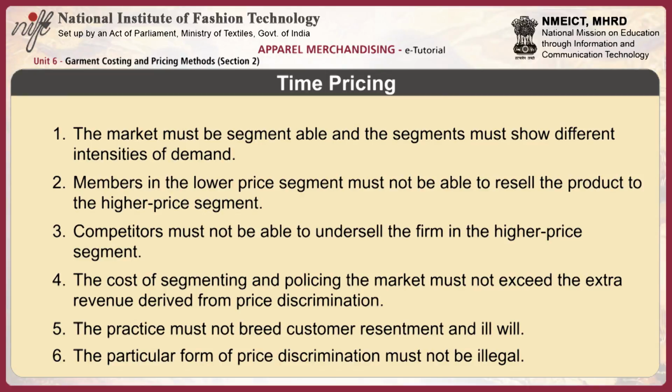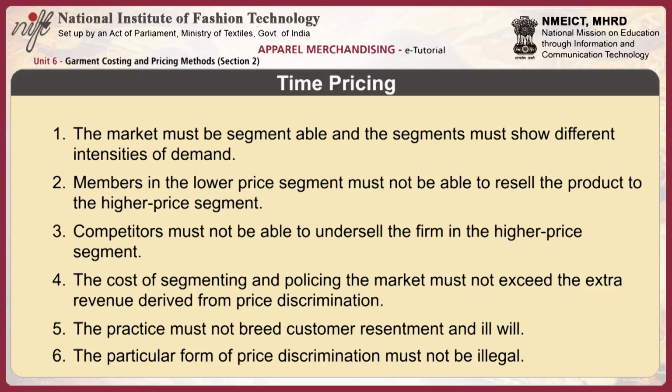For price discrimination to work, certain conditions must exist. Whether these price discriminations make sense, to what extent they are effective, and what the conditions are for them to be effective, the following may be considered. First, the market must be segmentable and the segments must show different intensities of demand.